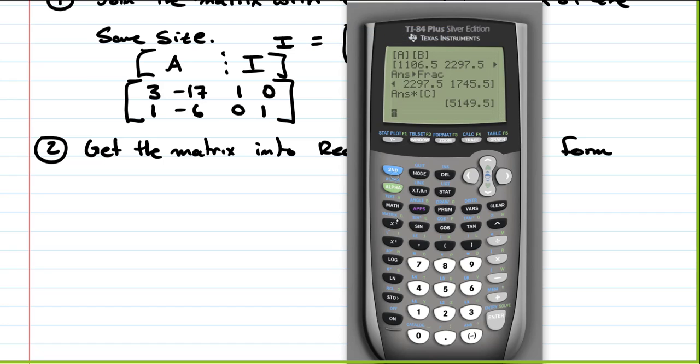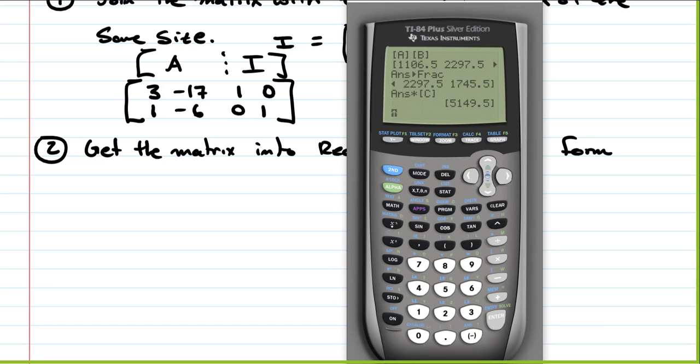So we have our 2 by 4 matrix. So we go matrix, we go over to edit, 2 by 4. We have 3, negative 17, 1, and 0. And we have 1, negative 6, 0, and 1.